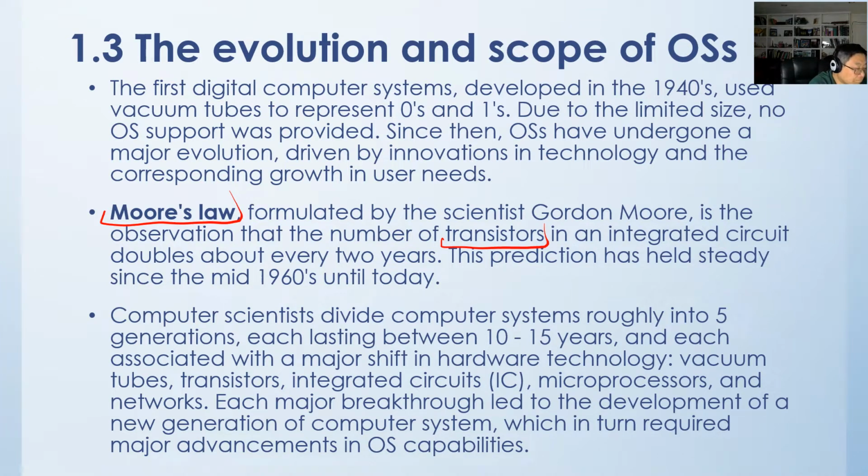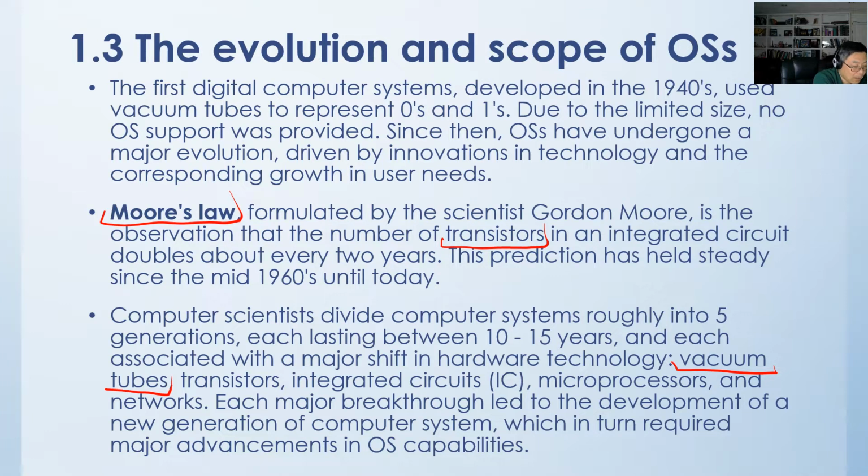Now, computer scientists divide computer systems roughly into 5 generations, each basically lasting between 10 to 15 years, and each associated with a major shift in hardware technologies. So each generation is associated with a new technology. The first generation of computer systems used vacuum tubes.